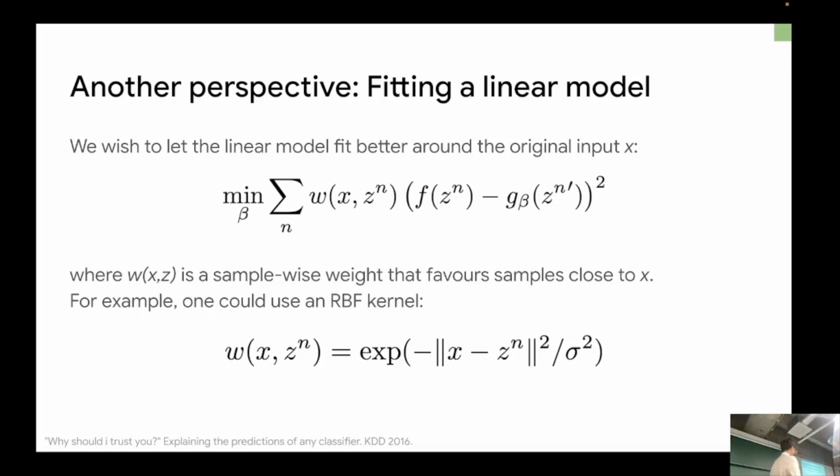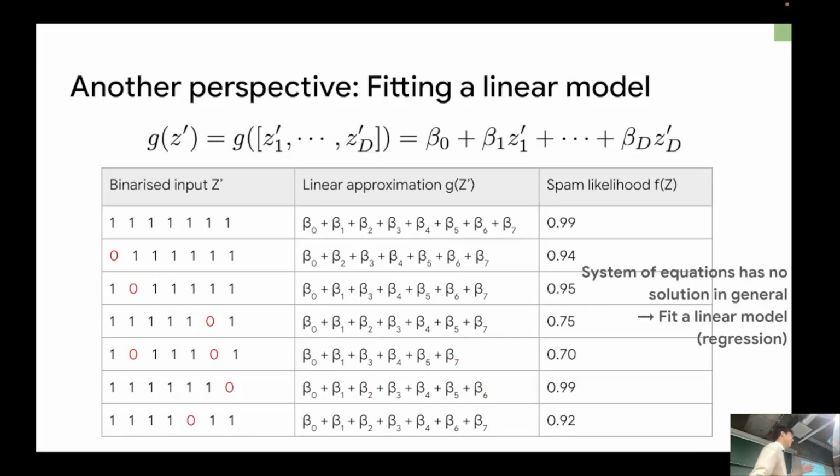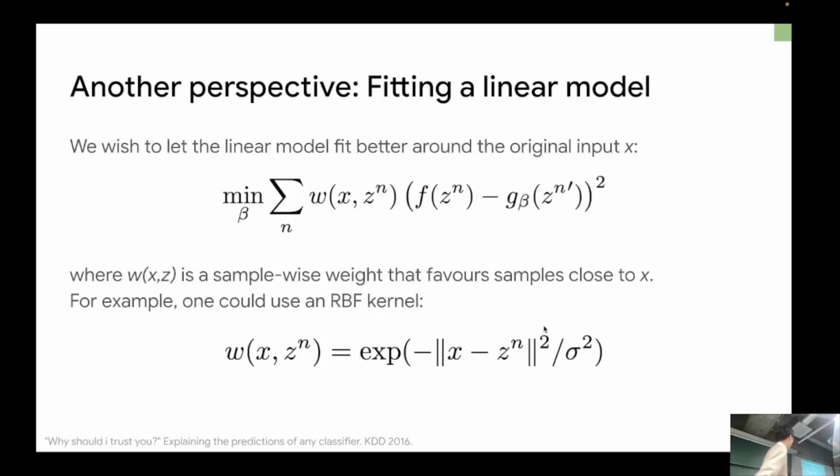As I said, one could use the discrete, the binary space as the space where you compute the distance, for example, right? So in this case, we have the distance between this one and this one, which is 1. Between this and this, you have distance 1. Between this and the original, you have distance 2, right? Sometimes the L2 norm is not well defined because it's discrete space.